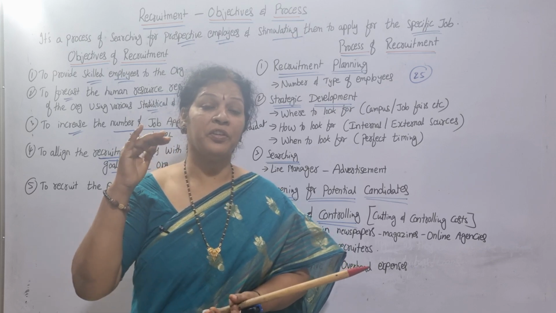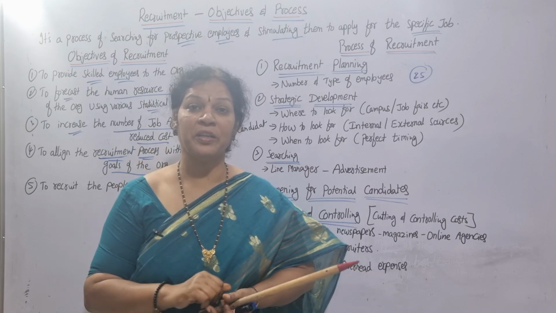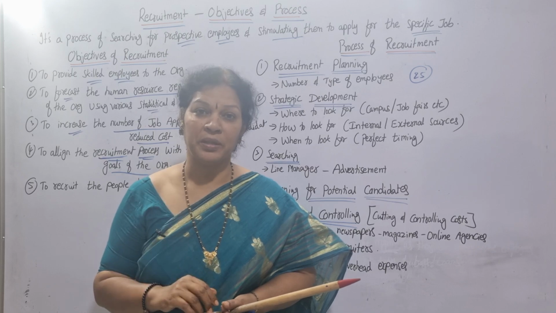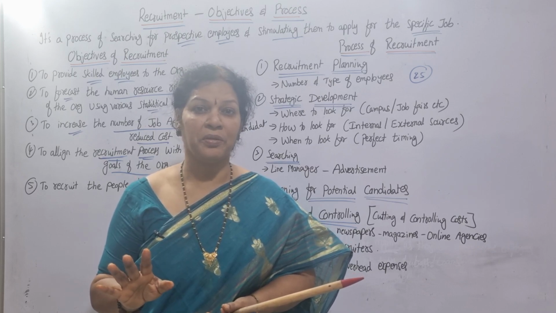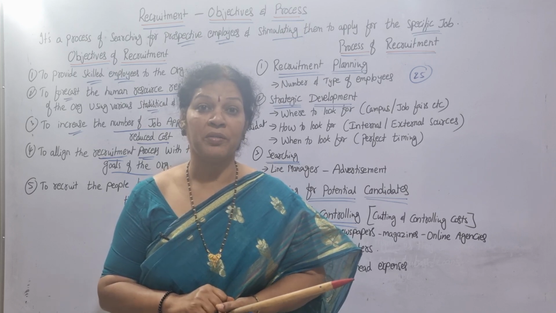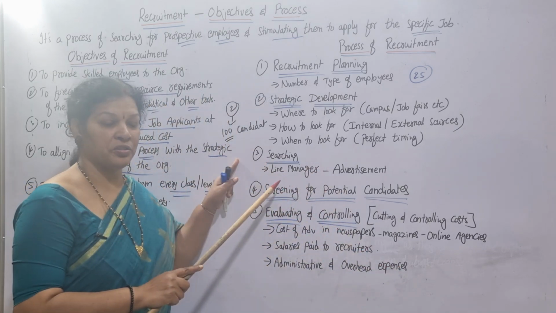If you give the advertisement in a professional or standard magazine, that shows the standard of the organization. Not the easy and cheap way, you are not supposed to give the advertisement. That makes an impact on the recruitment process and organization status also. So remember this. How do you search it?